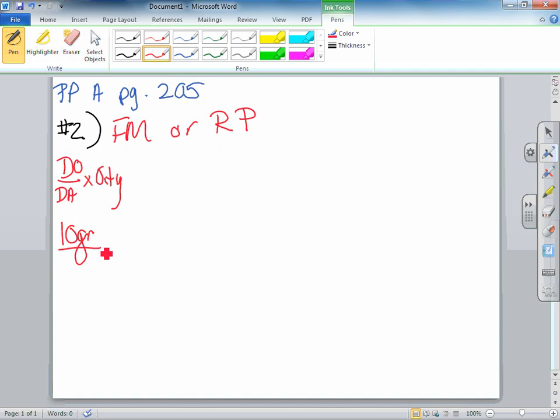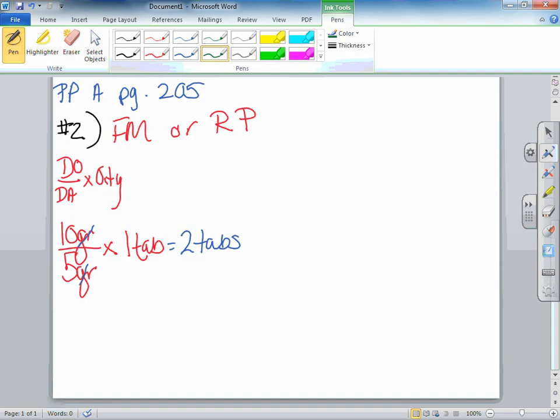So I'm going to use 5 grains, and I'm going to multiply that. What quantity is associated to the 5 grains? Well, for every 1 tablet is 5 grains. That quantity is 1 tab. All right. Your grains cross out. 10 divided by 5 is what? 2 tabs. That dose is 2 tablets. Well, let's see if we're right.